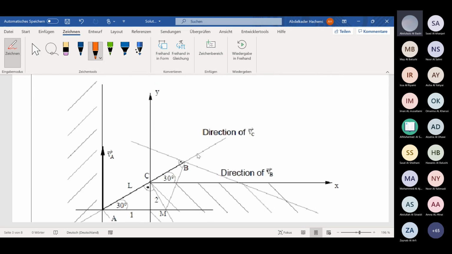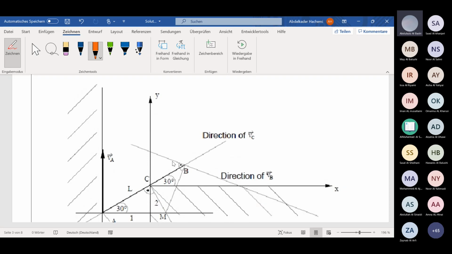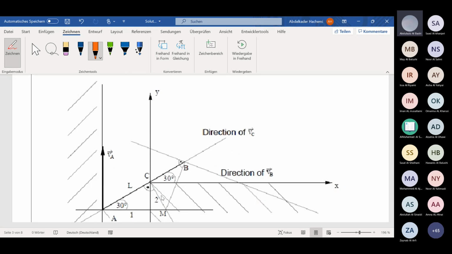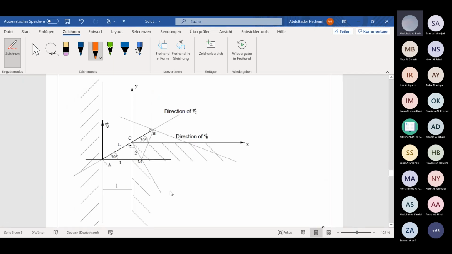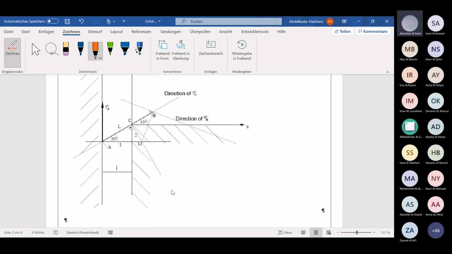I prepared the solution, graphically, let's say. I'll rearrange it a little bit. Okay, I hope you can see the picture.